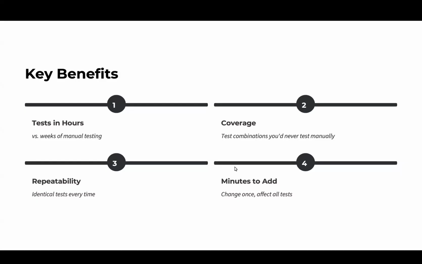Coverage: with this automation framework, we can have whatever combination we want to test. We don't have to skip and say this is the only scenario we can test because of the time limitation. Repeatability: whatever we ran last release, we can run again to make sure we have not caused any regression in the new changes. And also easy to add and easy to debug.